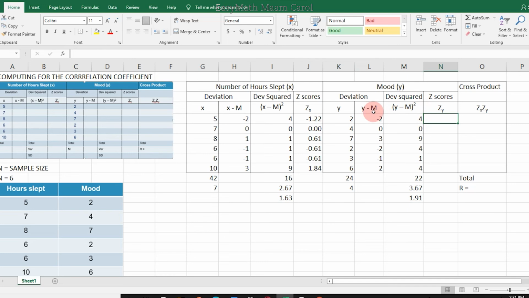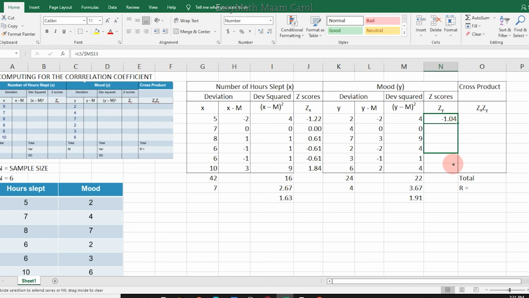And then converting it to Z-score, that would be equals Y minus the mean, this one, divided by the standard deviation. So we will again put a dollar sign so that M13 is always the divisor from top to bottom. Let's make it 2 decimal.